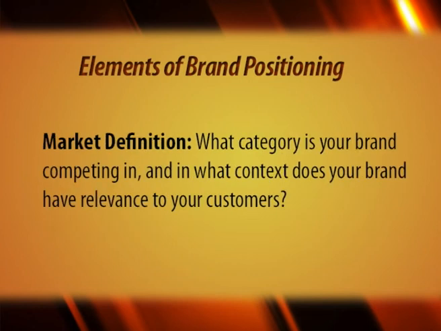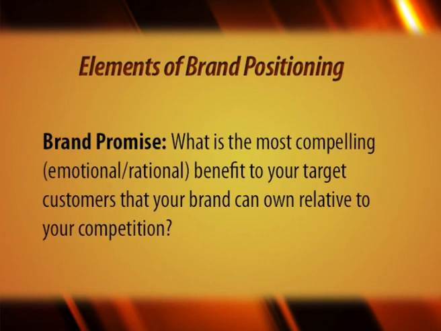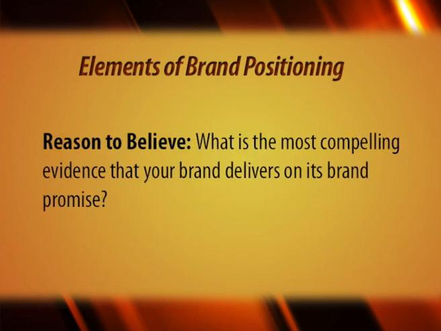What category is your brand competing in and in what context does your brand have relevance to your customers? 3. Brand promise. What is the most compelling emotional or rational benefit to your target customers that your brand can own relative to your competition? 4. Reason to believe. What is the most compelling evidence that your brand delivers on its brand promise?